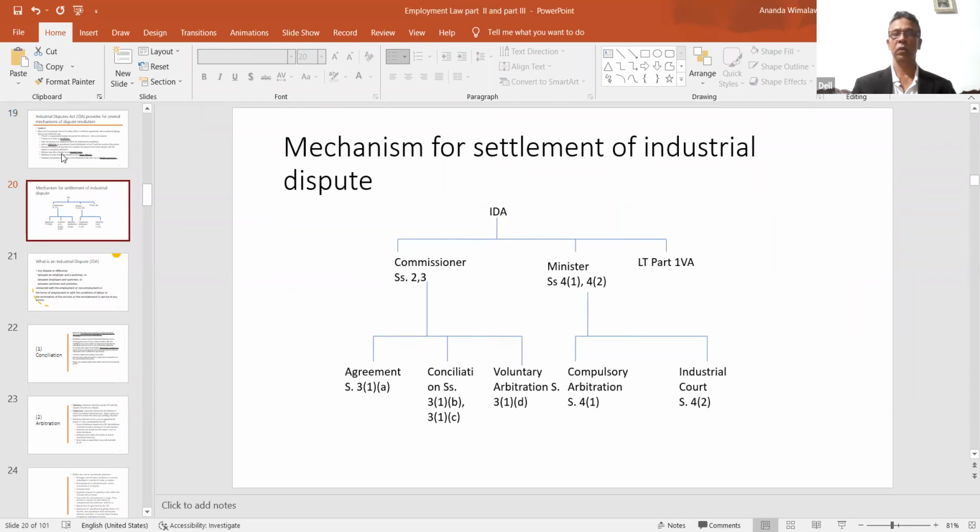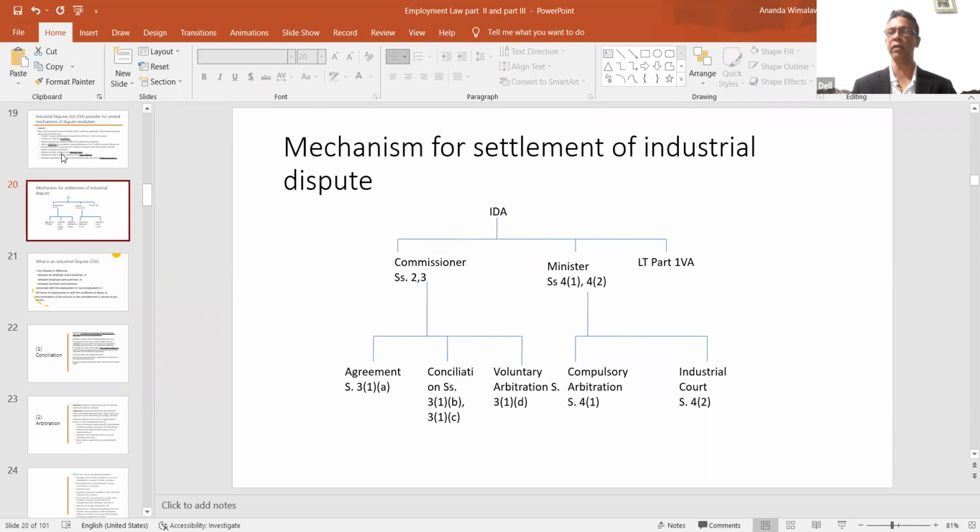So, go back to slide number 20. There is a graph, right? The IDA means Industrial Disputes Act. The Commissioner has power to settle an industrial dispute through an agreement, conciliation, and voluntary arbitration.